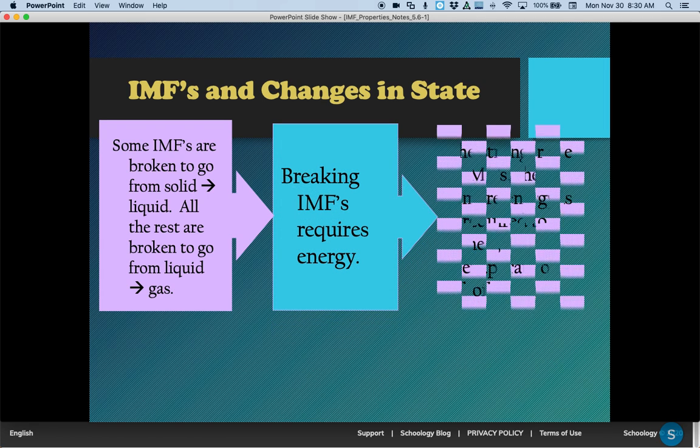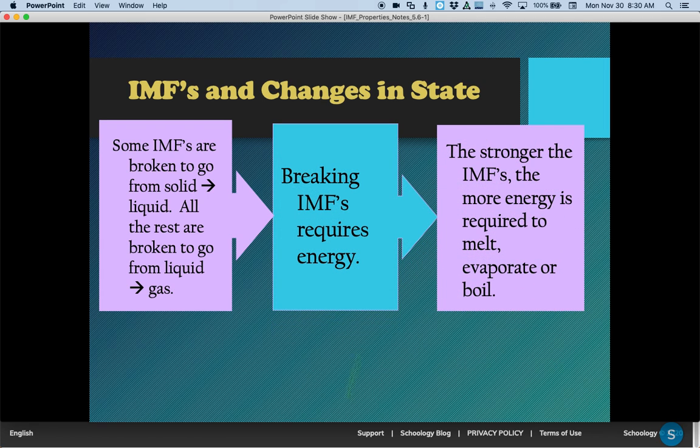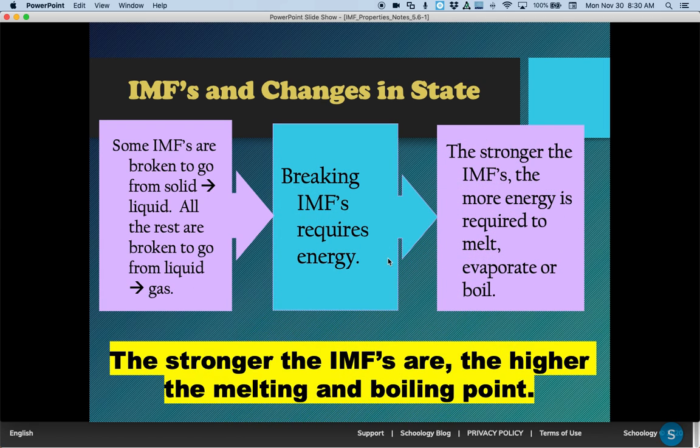A lot of this goes into changes in state. We're talking about melting point and boiling point. When we are melting things, think of going from a solid, where everything is packed tightly together, to a gas, where the molecules are separate and flying around independently.